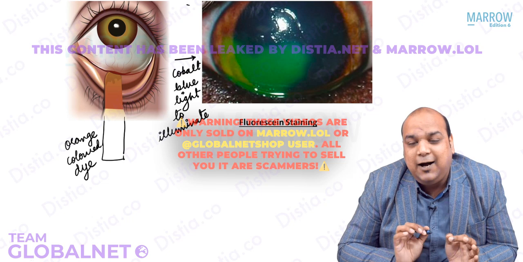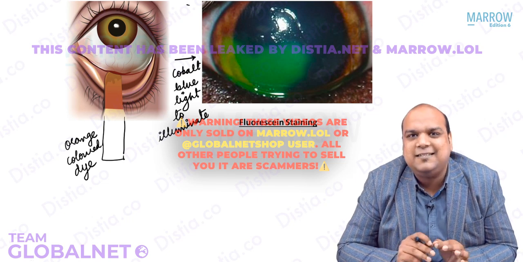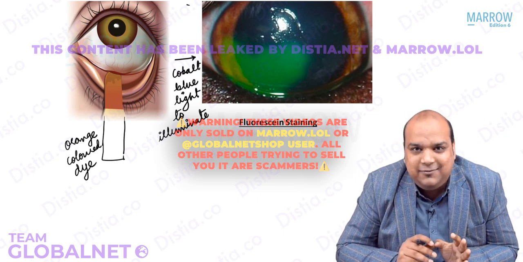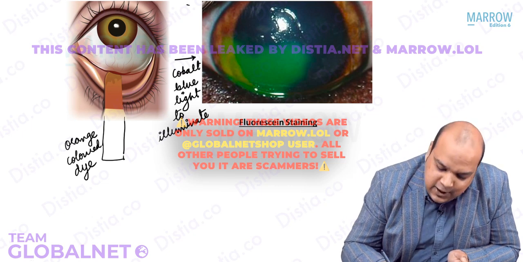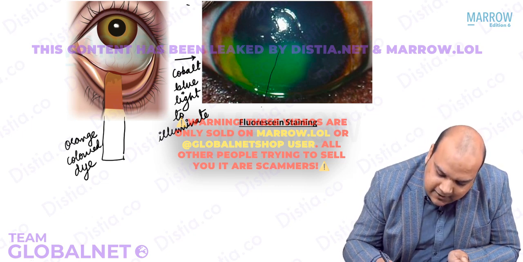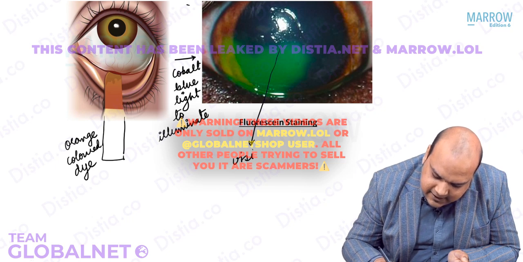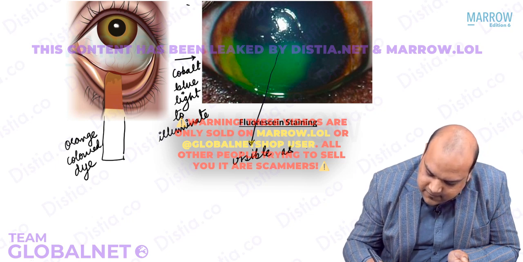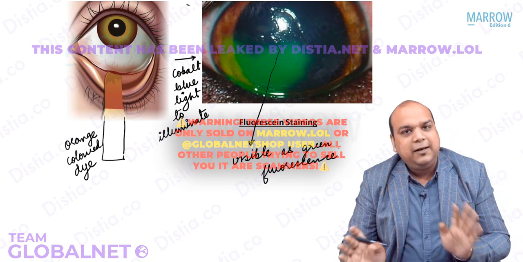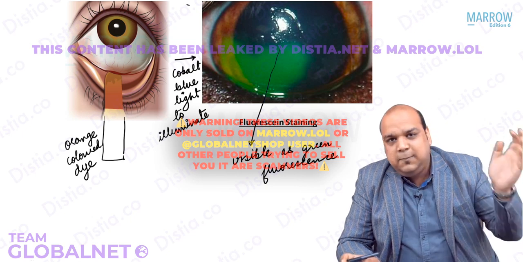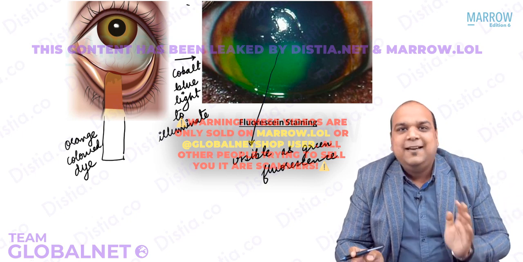After we have illuminated this by cobalt blue light, wherever fluorescein dye is able to stain, those areas are visible as green fluorescence. Am I clear to everybody? Orange colored dye, blue light, fluorescing as green color.